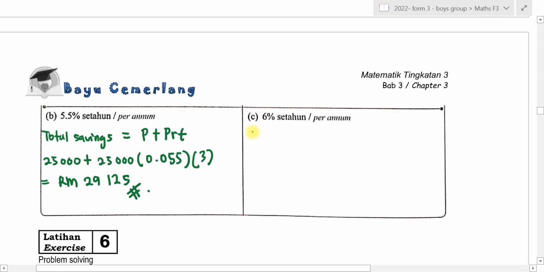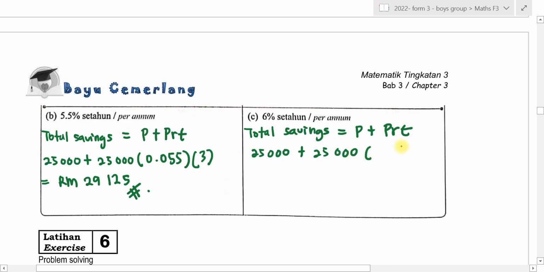Next one, Tan. Total savings is equal to P plus PRT. So 25,000 plus 25,000. The R is 0.06 and the time is 3 years.